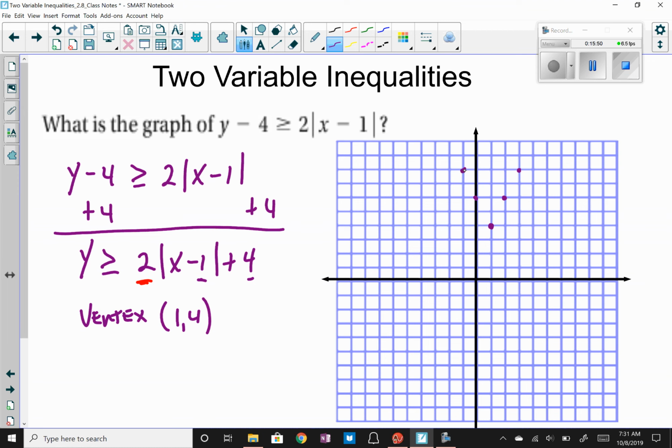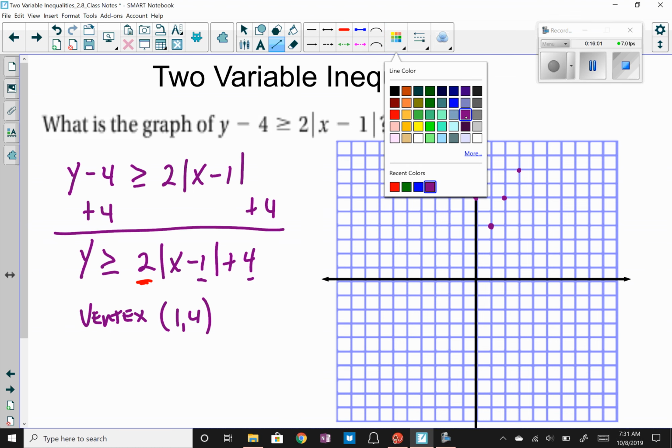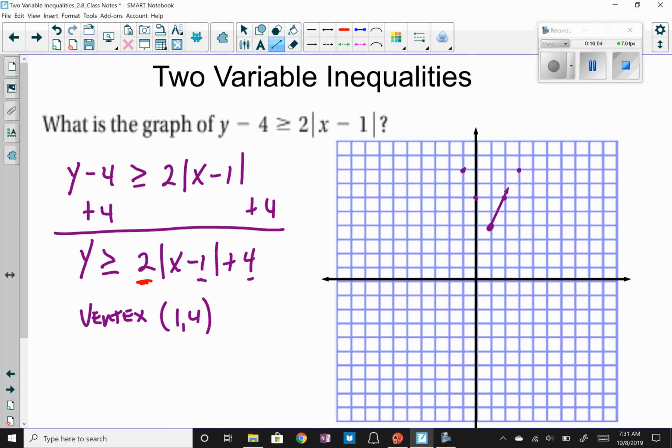Okay, since we're greater than or equal to, we're going to use a solid line. And lastly, we need to determine the shading. So since the symbol is greater than or equal to, it's going to be above the line. So we're going to have our shading right inside.